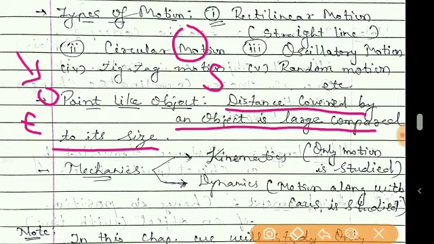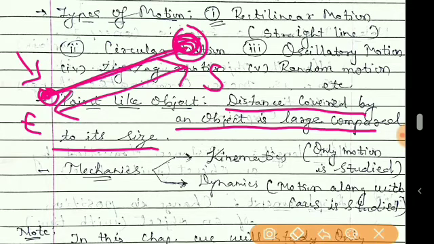But when we measure the distance between the earth and the sun, we consider the sun as a point like object. Even the earth is a point like object. It is because the distance between the sun and the earth is very large compared to the dimensions or the size of these objects.